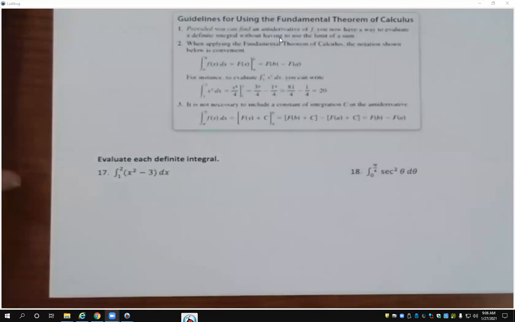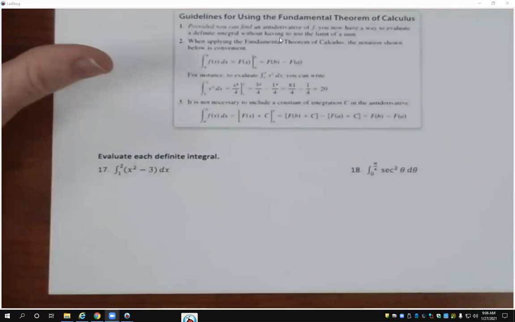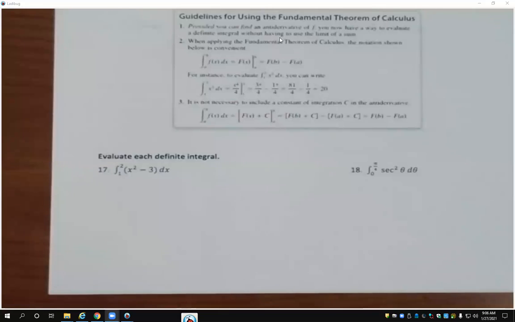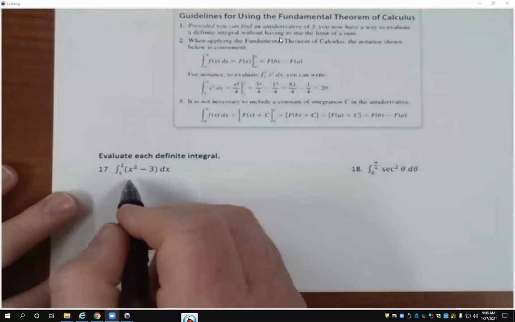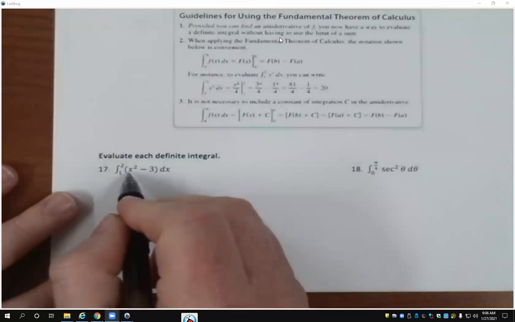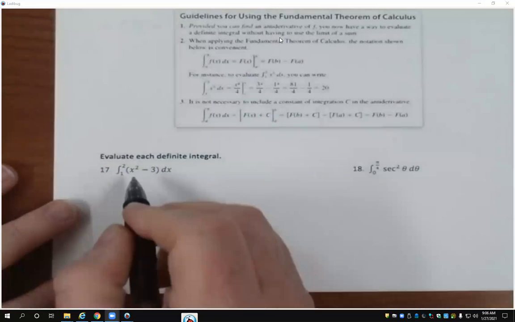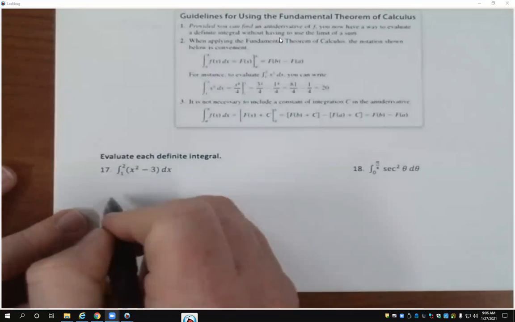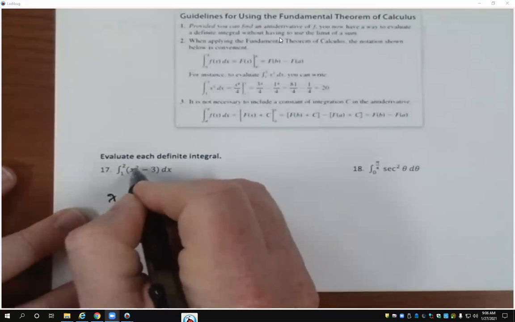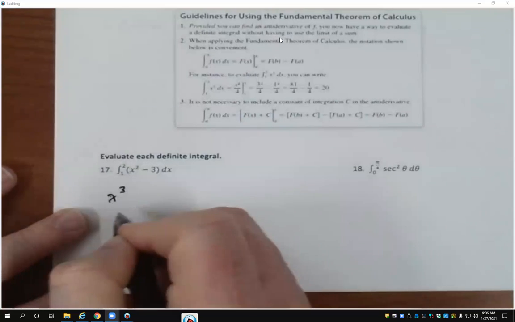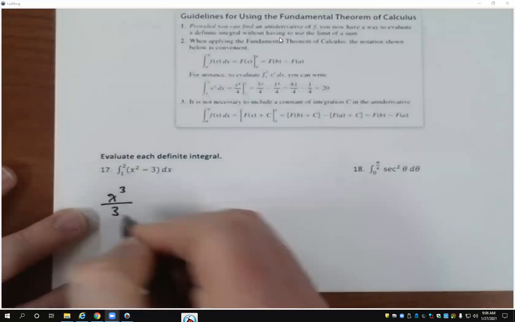Back in January, when we learned how to do antiderivatives, we memorized some antiderivatives, and for others we have rules. The first thing is the antiderivative. We're not going to worry about our upper and lower limits yet. The antiderivative of x squared, remember, is add 1 to this exponent, get 3, divide by the new exponent.